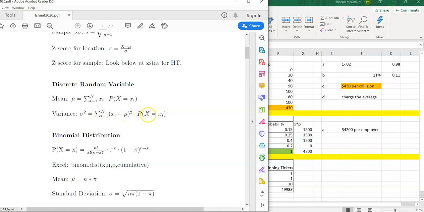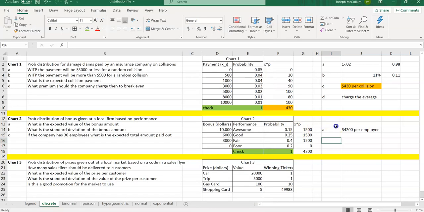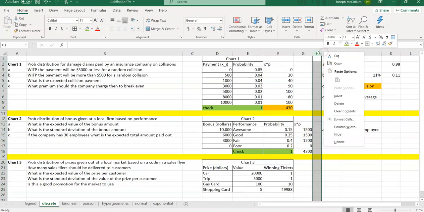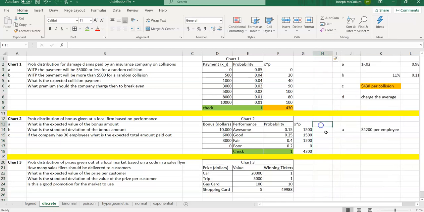First, I have to get each one of these items. So I have to take x minus mu squared times probability. Great thing about Excel, we can do this all in one step if you're careful. So to find variance, I need to do again x minus mu squared times p.